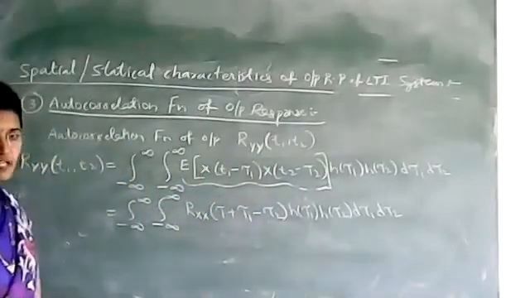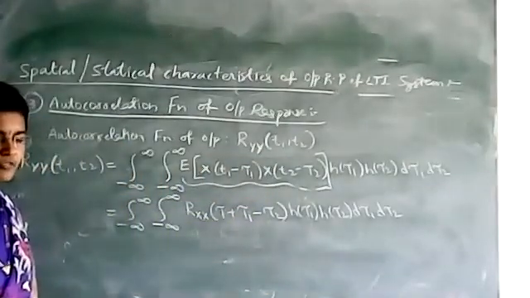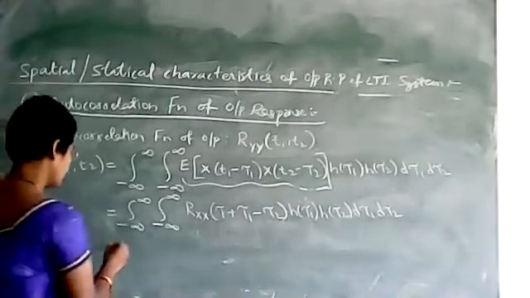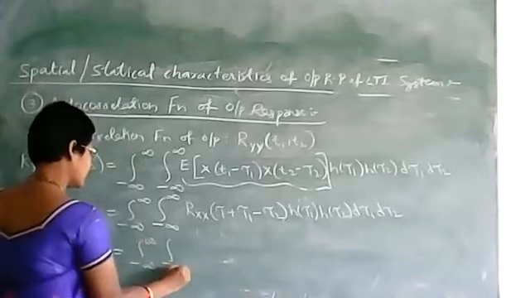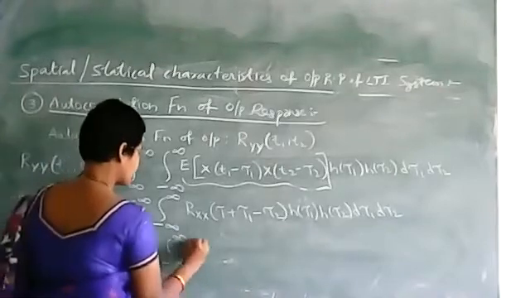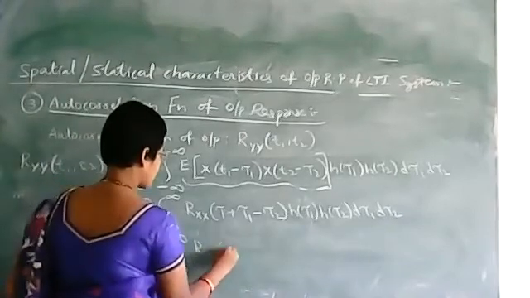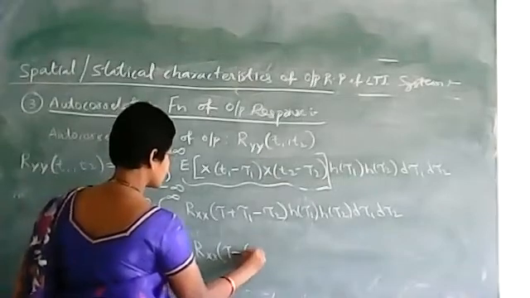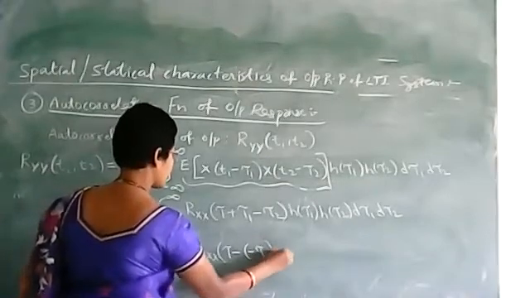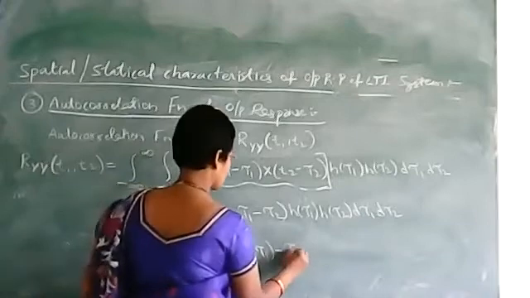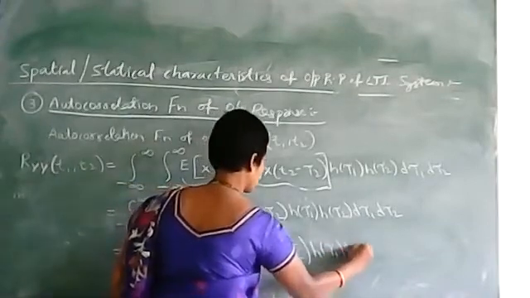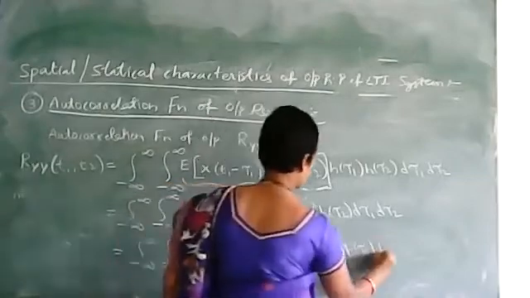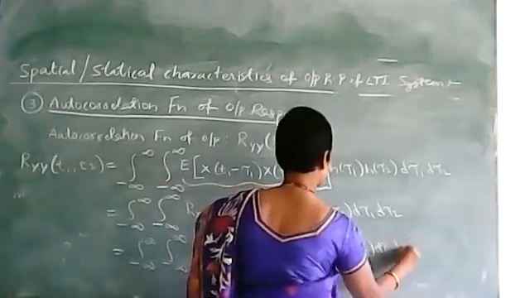So this is the convolution integral of three variables. This can be written like this: the double integral from minus infinity to plus infinity of R_xx of tau minus tau 1 minus tau 2 h of tau 1 h of tau 2 d tau 1 d tau 2.